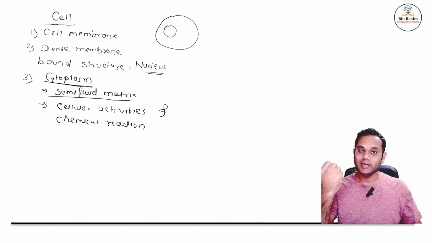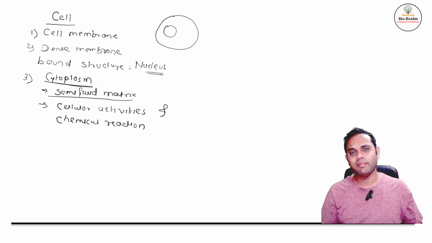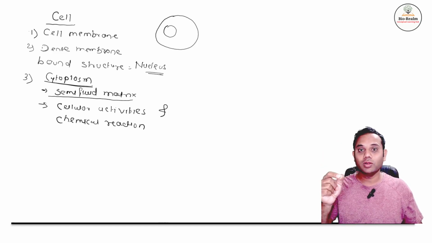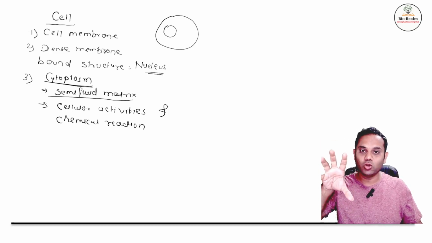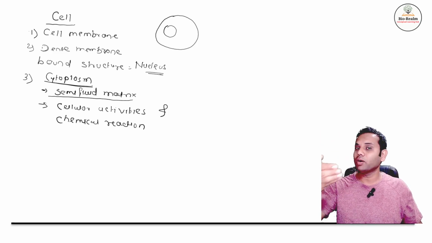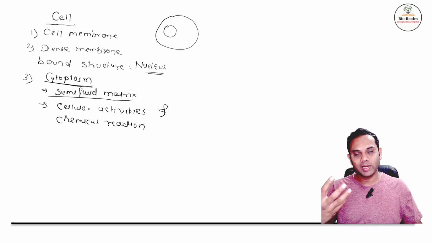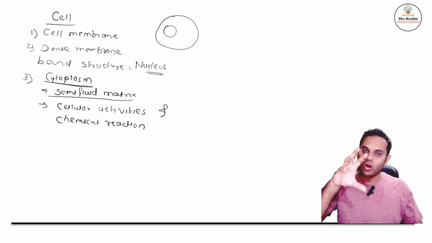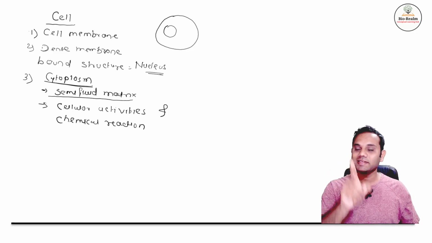It is also a place where a lot of different chemical and metabolic reactions take place. For example, the major photochemical reaction, photosynthesis, takes place in one of the organelles situated in the cytoplasm. Protein synthesis, a very important metabolic process, takes place in the cytoplasm. Then respiration takes place in one of the organelles that we will see later, but it is again a part of the cytoplasm.